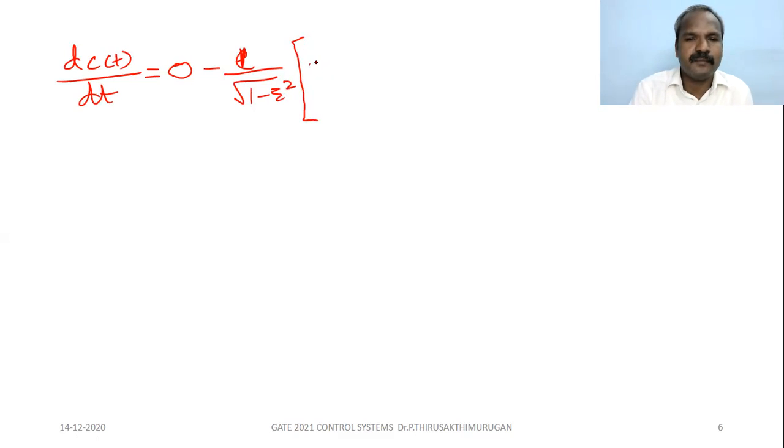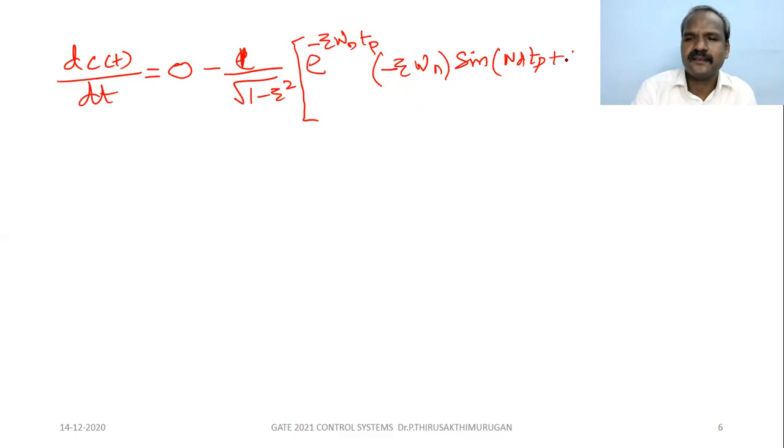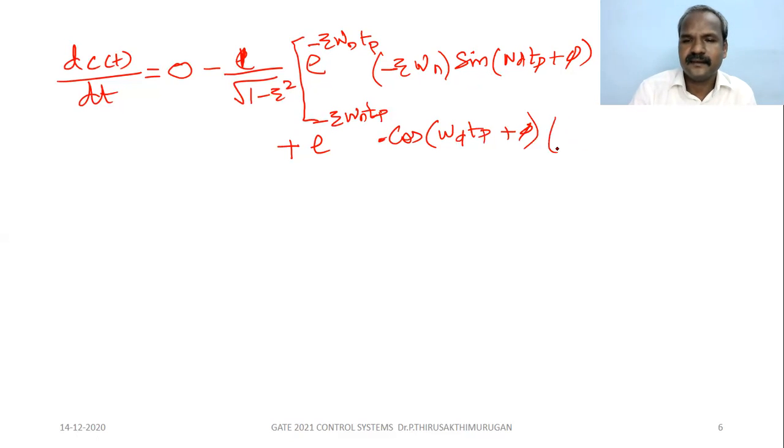We get e to the power minus zeta omega n TP into minus zeta omega n, the differential of u, then the sine term, sine of omega d TP plus phi, plus keeping this term constant, e to the power minus zeta omega n TP into the differential of the other term, cos of omega d TP plus phi into omega d.